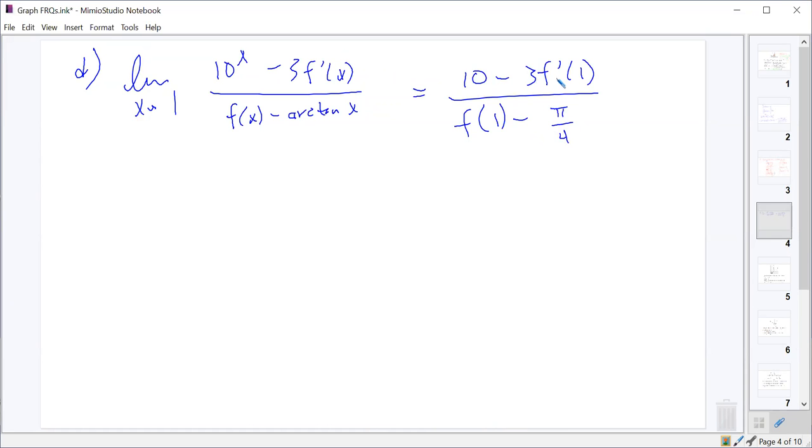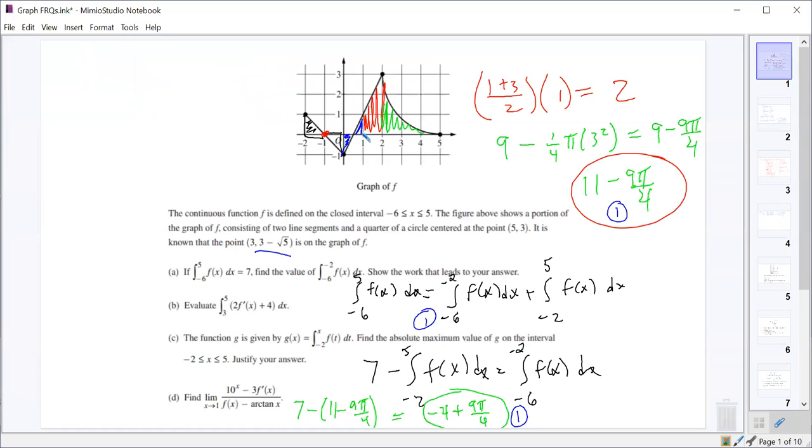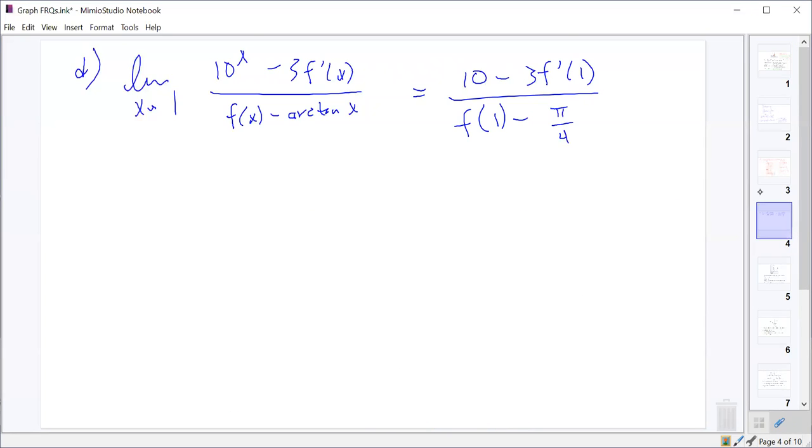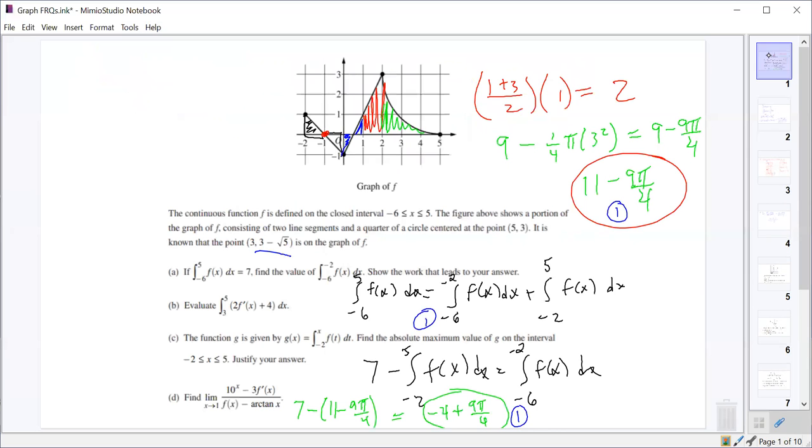So then we need to figure out what is f prime of 1 and what is f of 1. f of 1 is 1. So we've got 10 minus 3 times f prime of 1, and 1 minus pi over 4 in the denominator. f prime of 1 is the slope of f at 1.